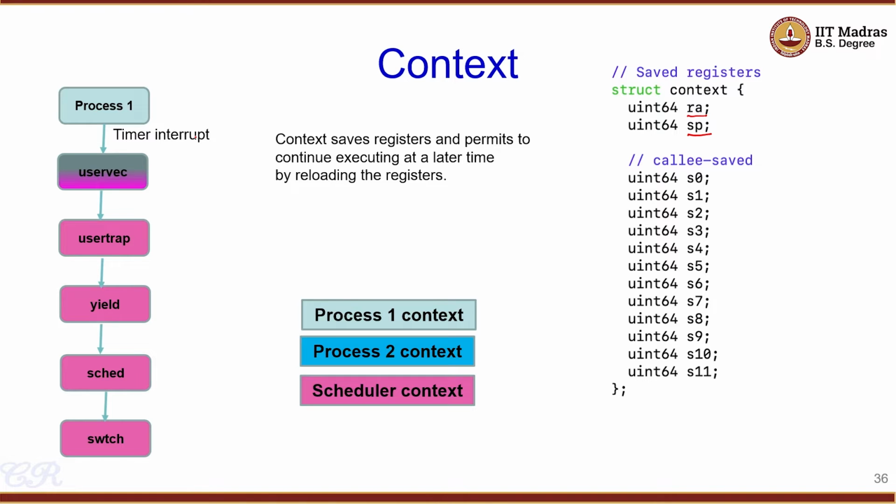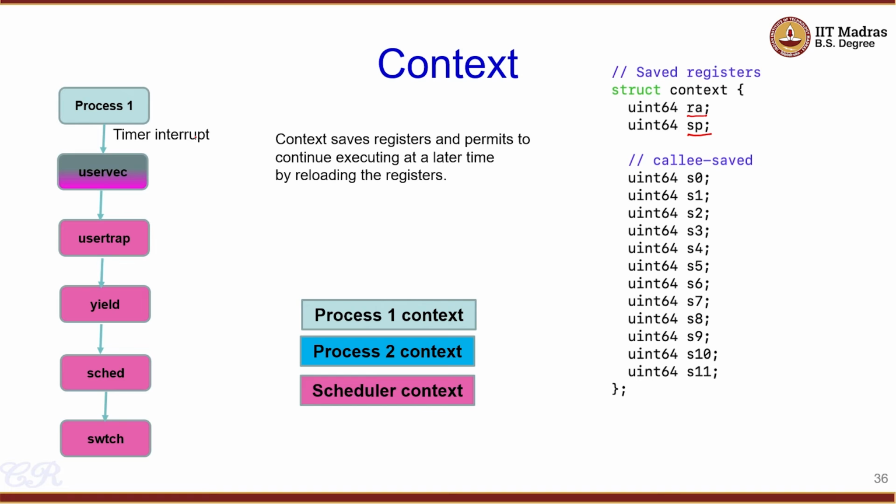So, using this, we can move from process P1's context to the kernel's or the scheduler's context. Later, we will also see that we can move from the scheduler's context to the context of P2, right? Therefore, triggering the context switch.